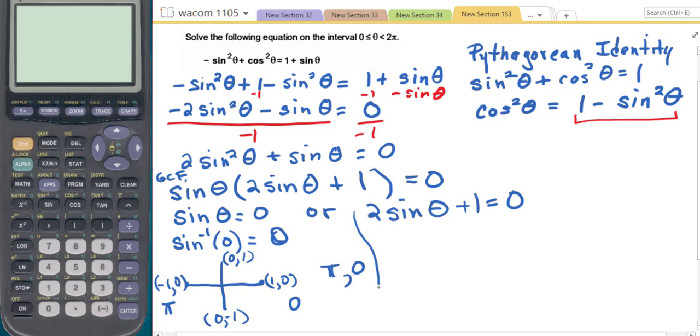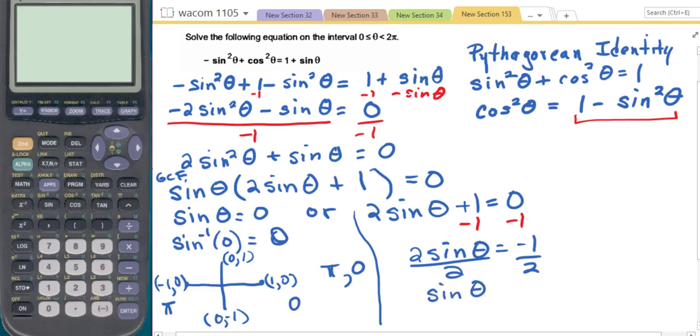Now we'll work on this equation. First, isolate your trig piece, so subtract your 1. I have 2 sine theta equals negative 1, and then I'm going to divide by 2. And so I have sine of theta equals negative 1/2.